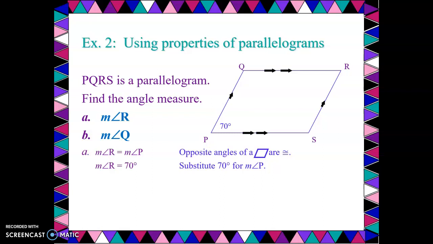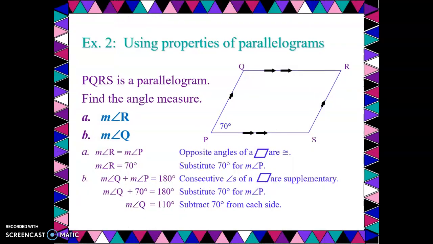All right, now let's check your answer on B. Well, on B, what do we know about angle P and angle Q? What's the relationship there between those consecutive angles or the side-by-side angles? What do we know about those? Well, remember our law? It said consecutive angles in a parallelogram are supplementary, which means they add up to 180 degrees.